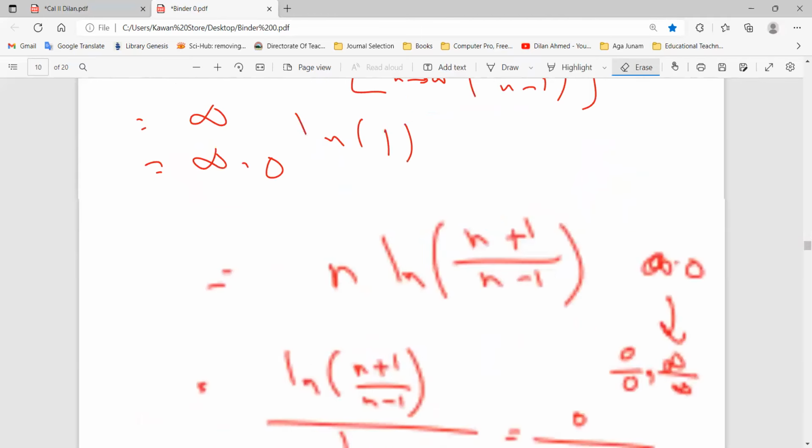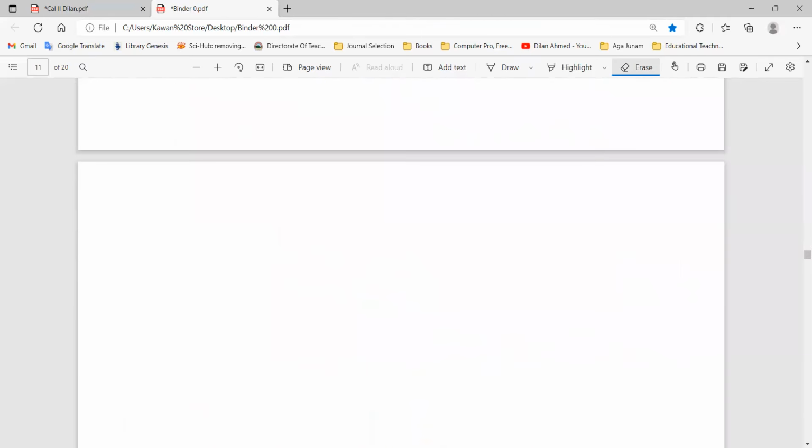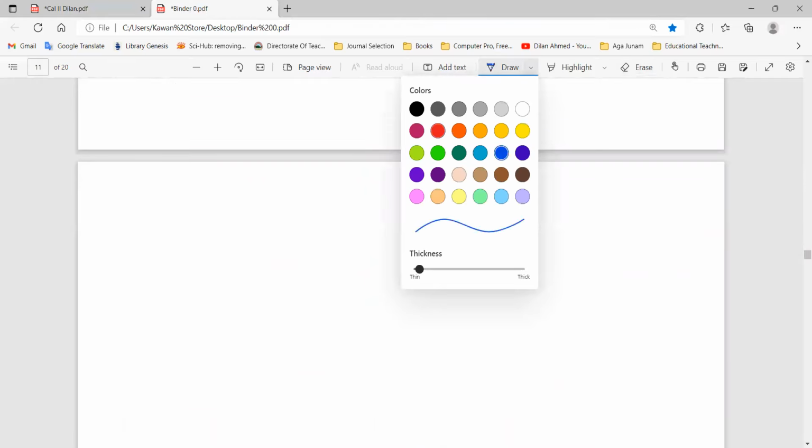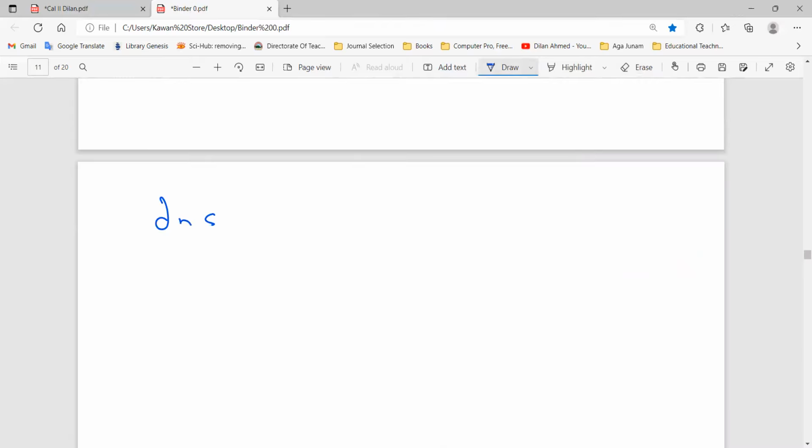Okay. Now I'm going to repeat it for you. We have dn, which is equal to ((n plus 1) over (n minus 1)) to the power n, and that one is of this type. So I'm going to use ln of dn.